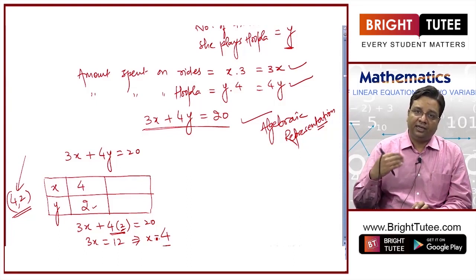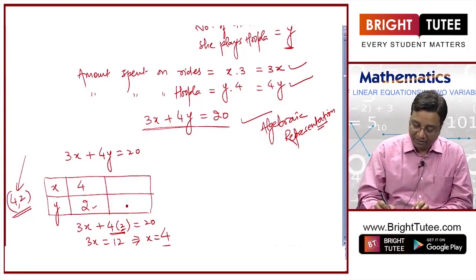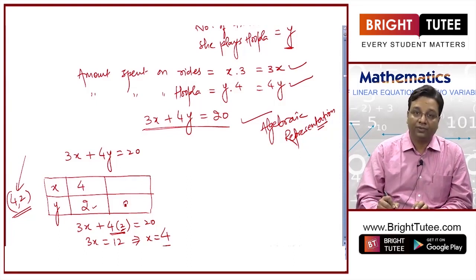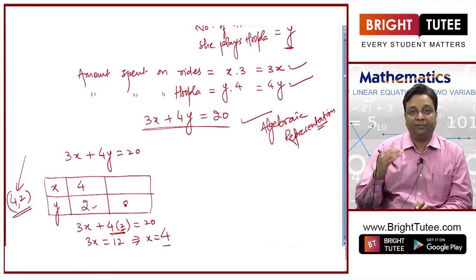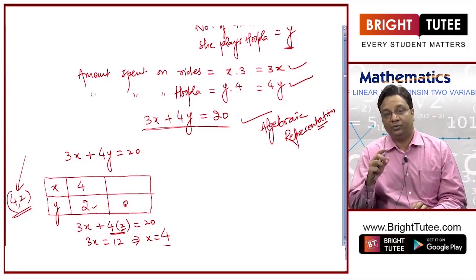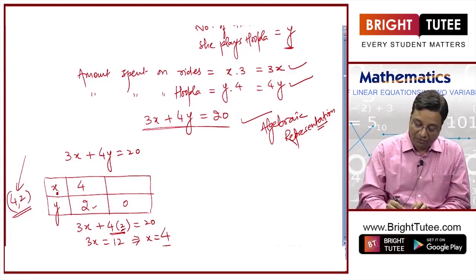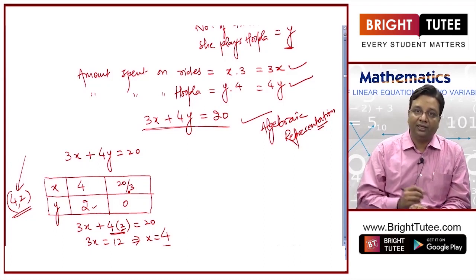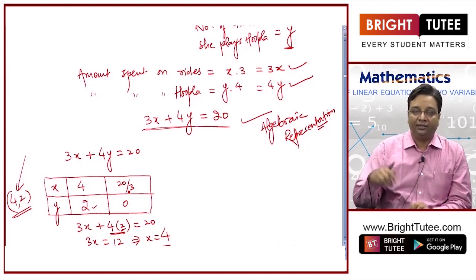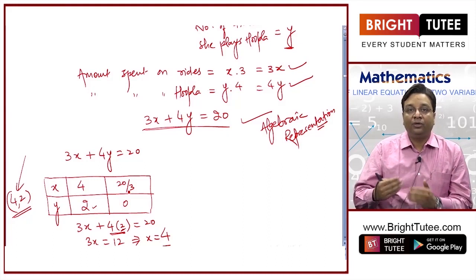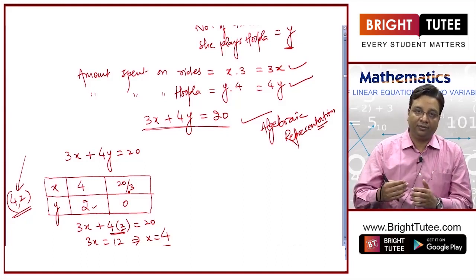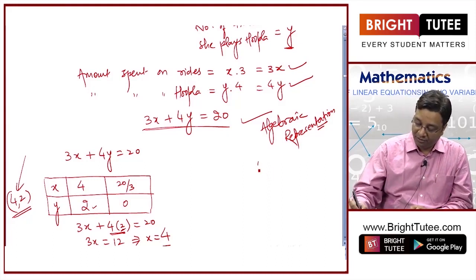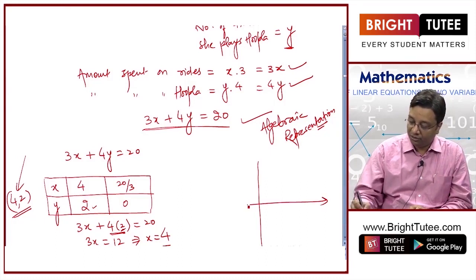If I take any random value of y, let us say I take y as 0, and I did not keep in mind to find the integral value, what value of x will you get? When y is equal to 0, x will be equal to 20 by 3. Now 20 by 3 is a little more difficult than the integral point, because when you draw this line, what will you do?